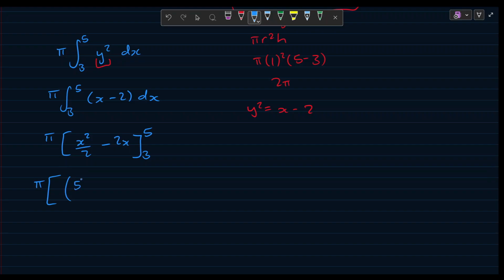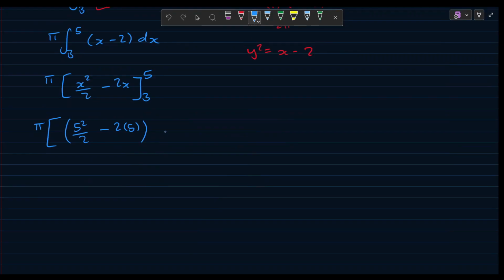That's going to be 5 squared over 2 minus 2 times 5. And now let's substitute in our lower limit, so that's 3 squared over 2 minus 2 times 3. And so that's pi. Let's simplify our upper limit.